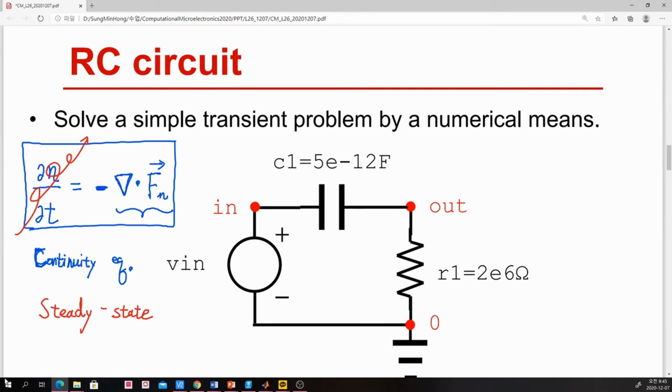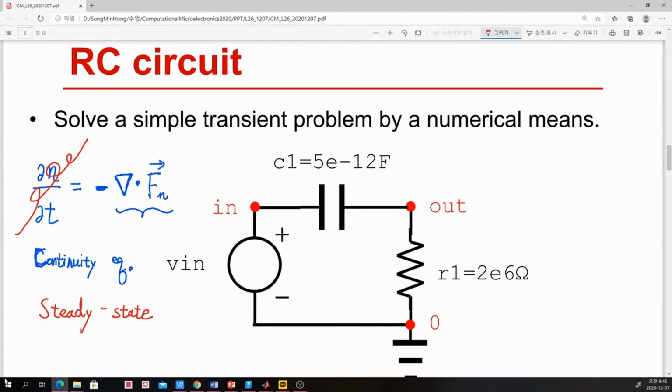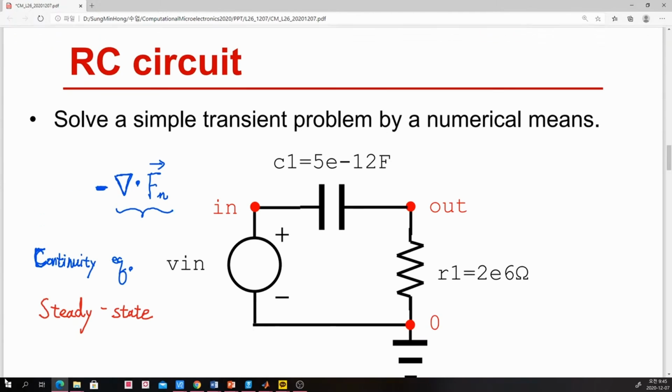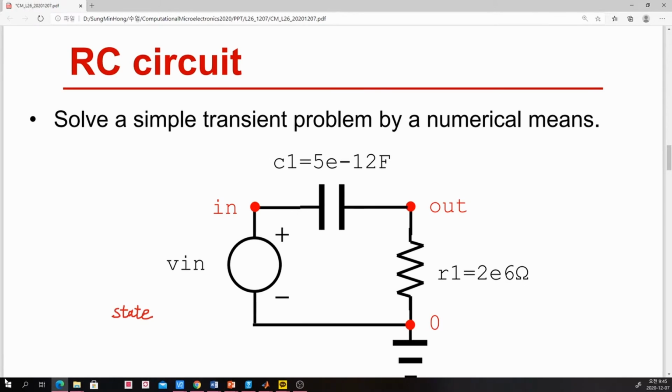So sending certain information and getting the output. Then depending on its frequency, if you send a low frequency signal, you will get a certain low frequency response. And if you send a high frequency signal, then you will get the high frequency response. That is the goal. So you have to consider frequency dependent behavior.